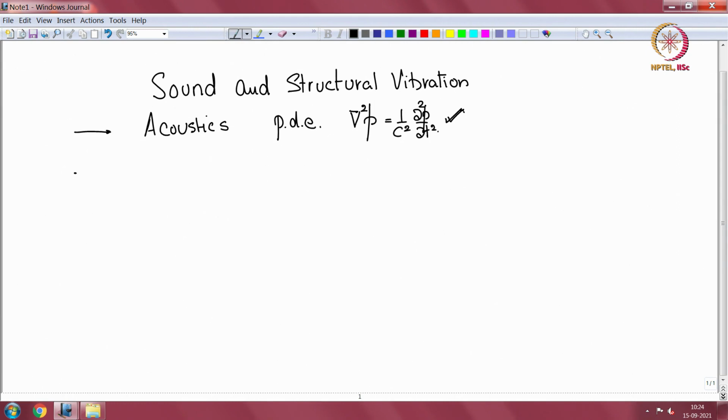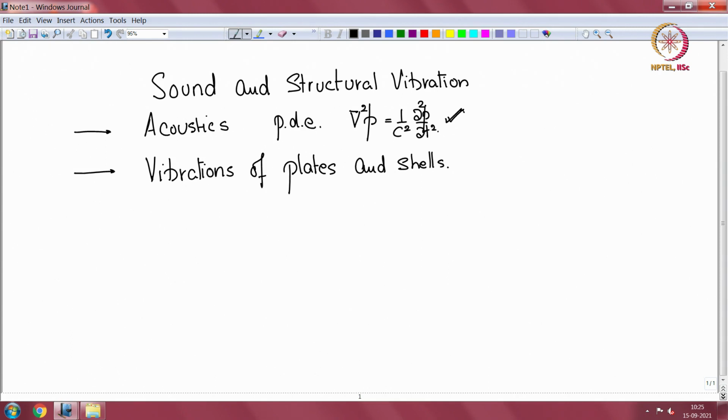And there are of course courses on vibrations of systems, vibrations of say plates and shells. Vibrations of continuous media.